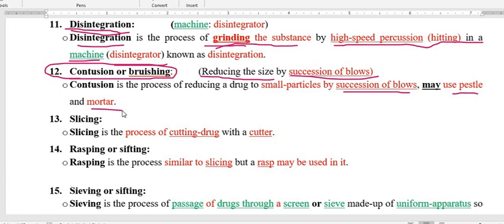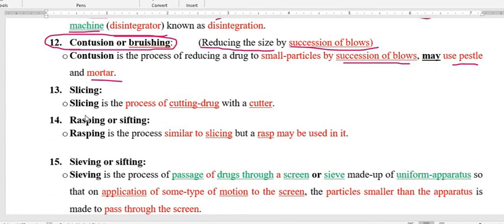Now the next size reduction process is slicing. Like slicing bread, here we are also reducing the size of the drug by cutting. So reducing the size of the drug by cutting is called slicing, and for that we use a cutter.